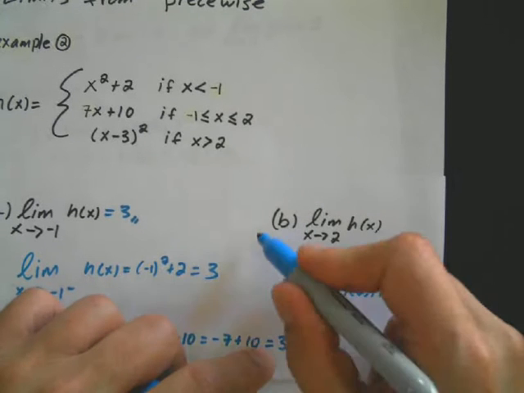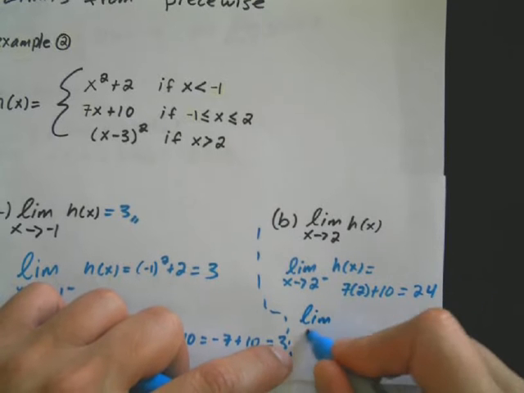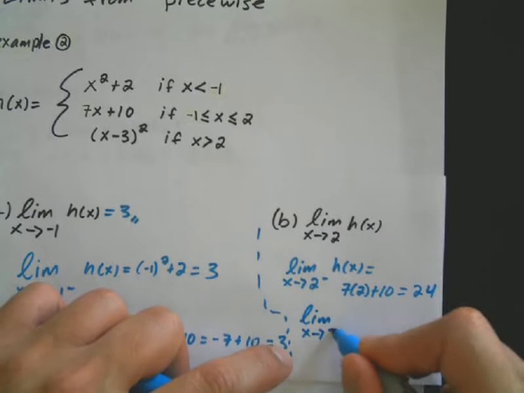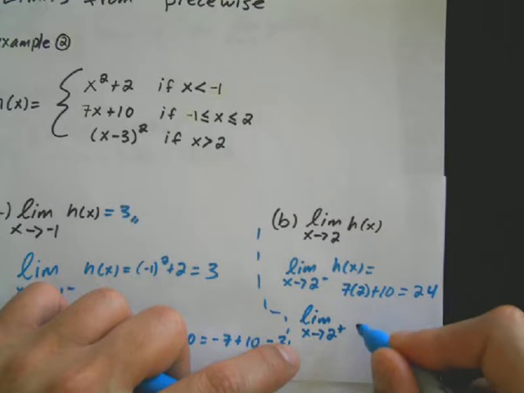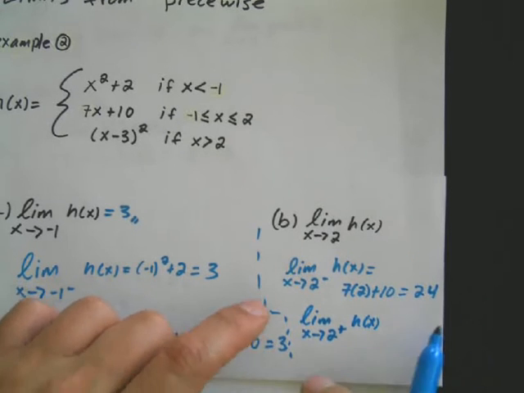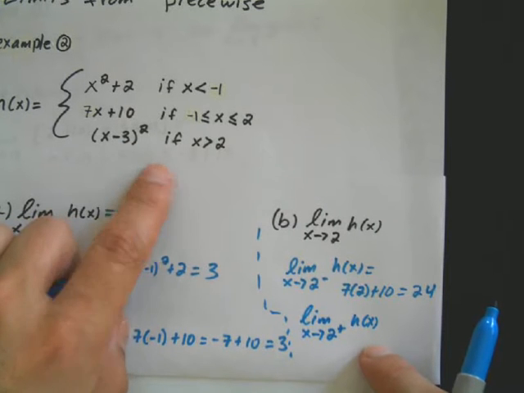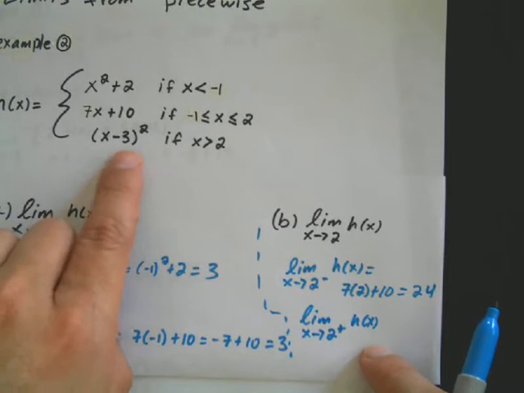Now on this side, if I approach the limit from the right, so all the things that are past 2, that's going to be the bottom definition. A little bit past 2 coming in from the right, it's going to be the bottom definition.